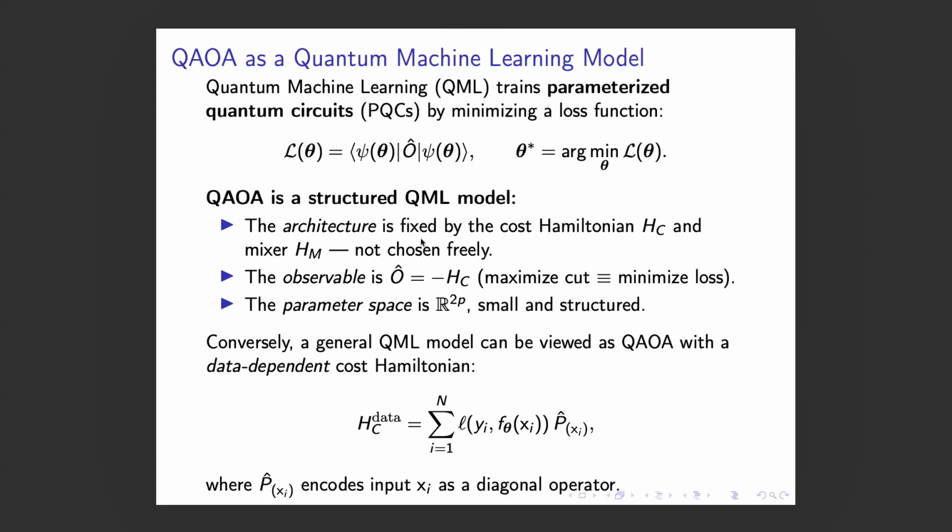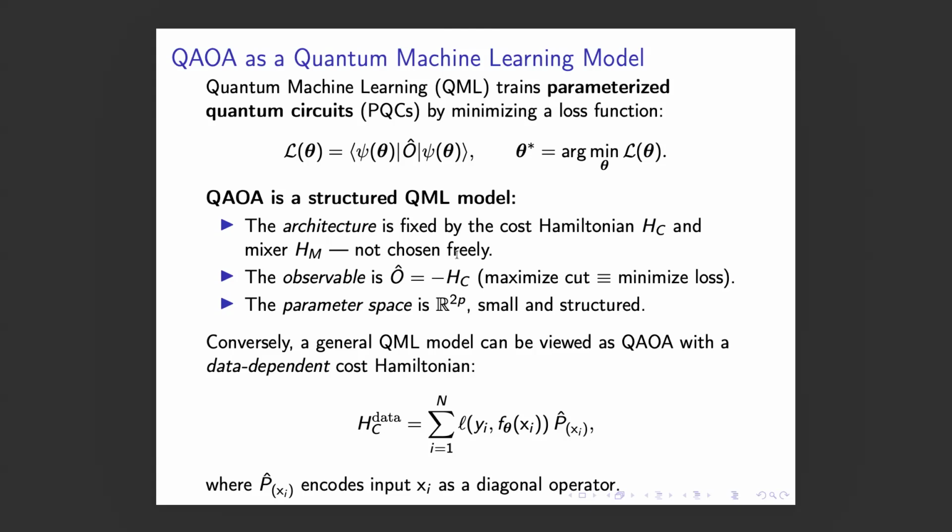So the architecture is fixed by the cost Hamiltonian and this mixer, which is not chosen freely. So you can think of that as a model which is much more structured compared to what you're going to see now with the quantum neural networks. Because we have an optimization problem, which is a binary problem, the QAOA leads to a specific H of C, which is an Ising model lookalike, well defined in terms of Pauli Z matrices.